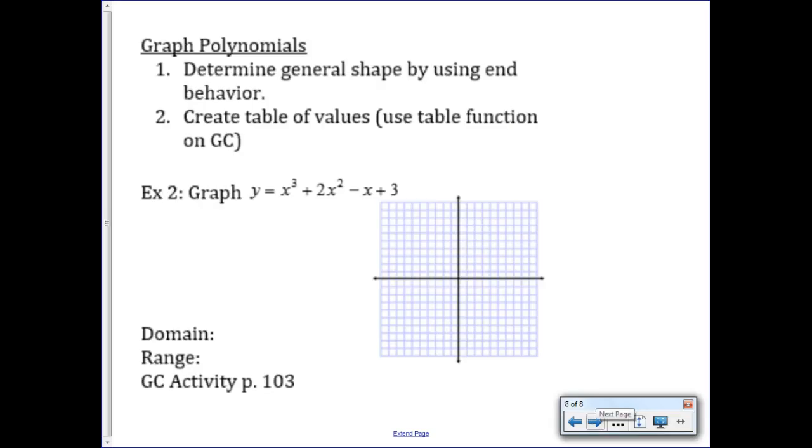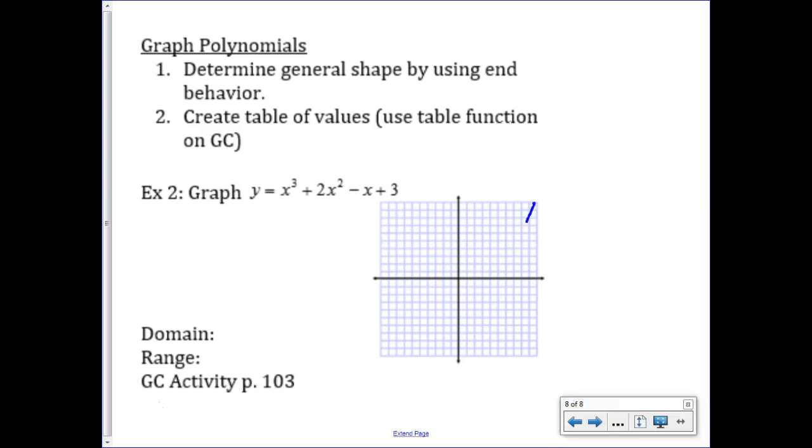So last piece, determine the general shape by using end behavior. Create a table of values using the table function on graphing calculator. So to determine the general shape, we're going to look and see, okay, so we have an x cubed as our largest. That means we're thinking John Travolta. It's not flipped over.